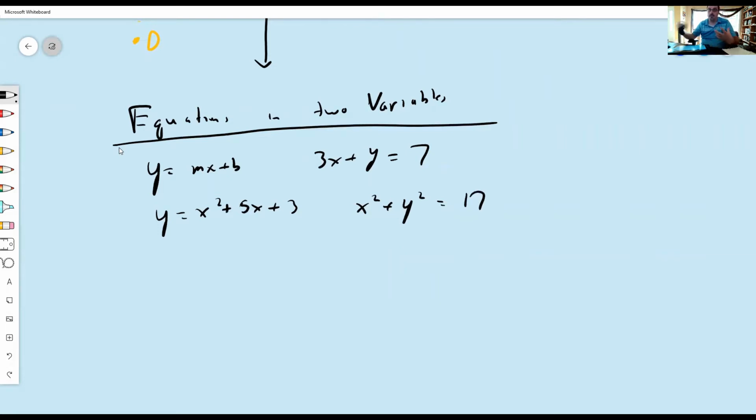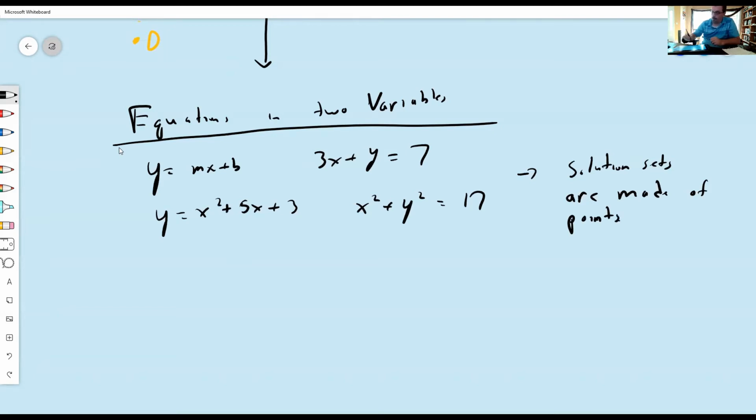These are all examples of this. And the solutions for equations in two variables are points. Because I have x and y, solution sets are made up of points.